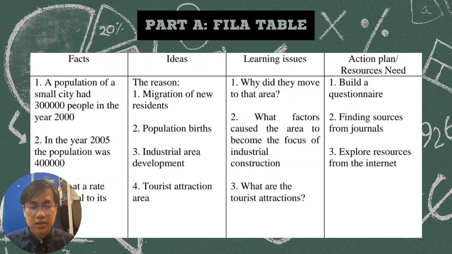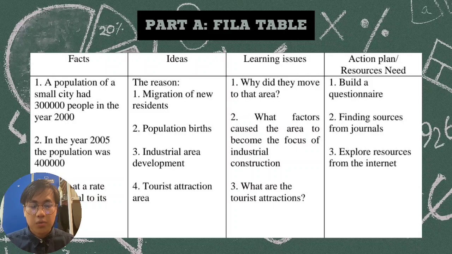For the ideas, here we give 4 ideas for the reason. 1. Migration of new residents. Number 2. Population spread. Number 3. Industrial area development. And number 4. Tourist attraction area. Next, learning issues. Why did they move to the area? And number 2, what factor caused the area to become the focus of industrial construction?